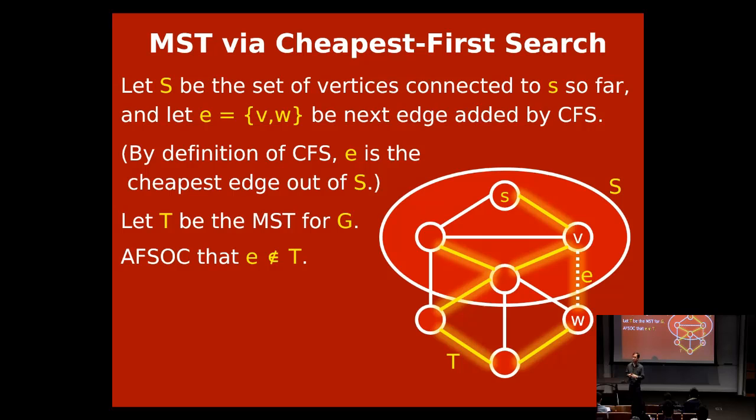Yeah, a minimum spanning tree is a spanning tree that's the cheapest spanning tree. And we're going to be contradicting the second thing, that it's the cheapest spanning tree. Kind of have to, right? We're going to be using the fact that T is a tree, but we're going to contradict that it's the cheapest, because somehow it doesn't use E, and E looks like it might be a good edge to use, since it's the cheapest edge coming out of S. But it's not clear.